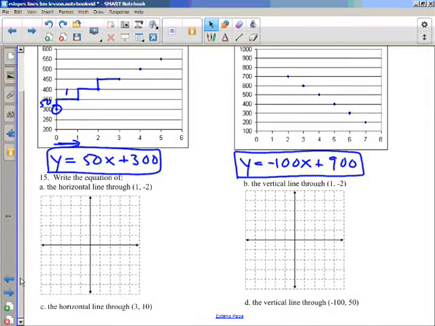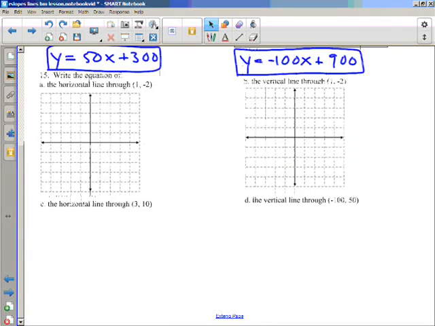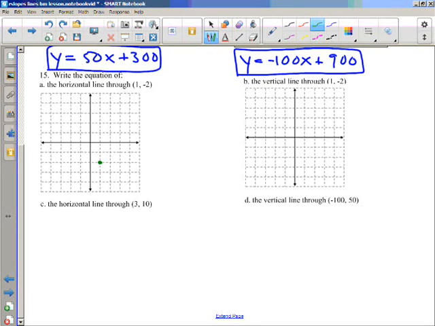Now if we look here, write the equation of the horizontal line through (1, -2). This is one of those unique cases that I'll need you to think about. The point (1, -2) is pretty easy to graph. It just sits out here. But when we think about a horizontal line, we want to make sure we look at it and think, now what could that be?